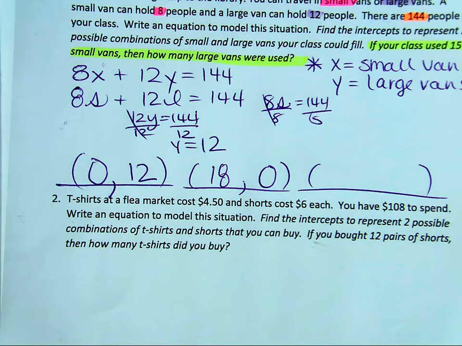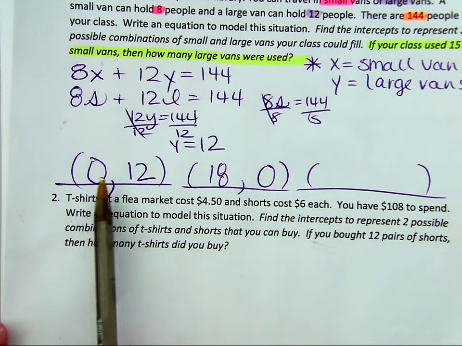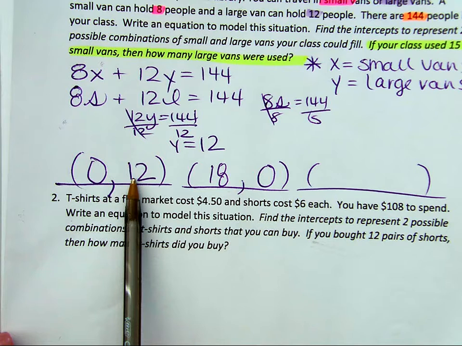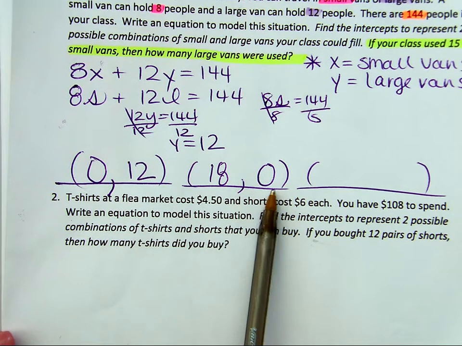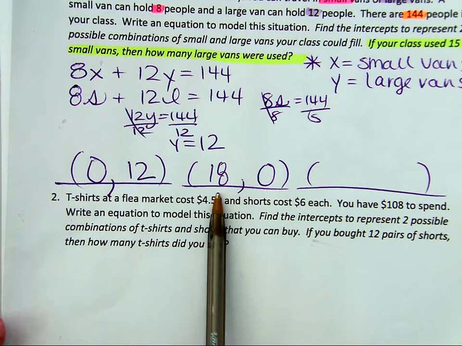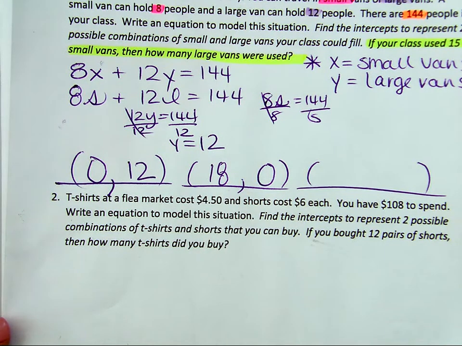So, watch where we're at right now. If I don't take any small, all large, I need 12 large vans to fit this many people. But if I take all small but no large, then I need 18 vans to fit all those people. Well then, the lady at the other end of the van company says, sorry, we have 15 small vans available. The rest you'll have to take in large.